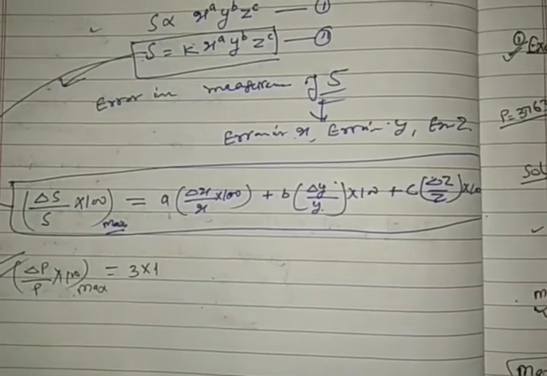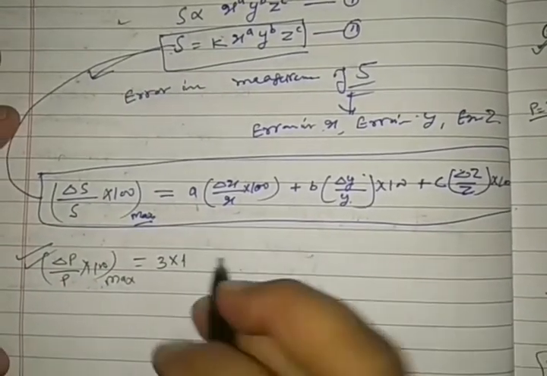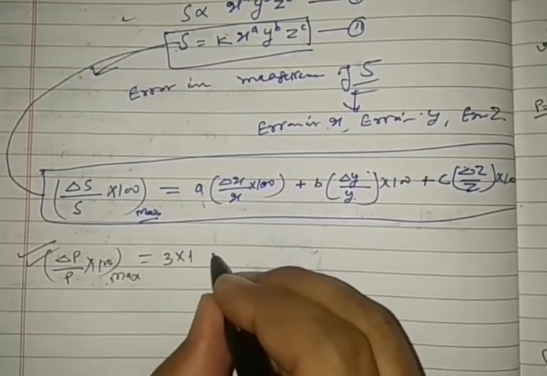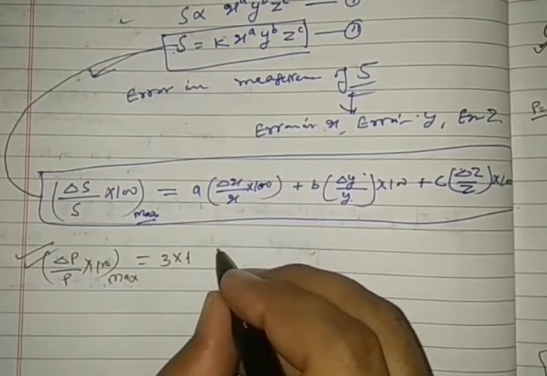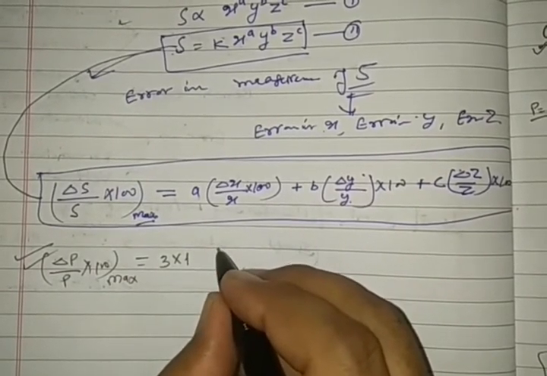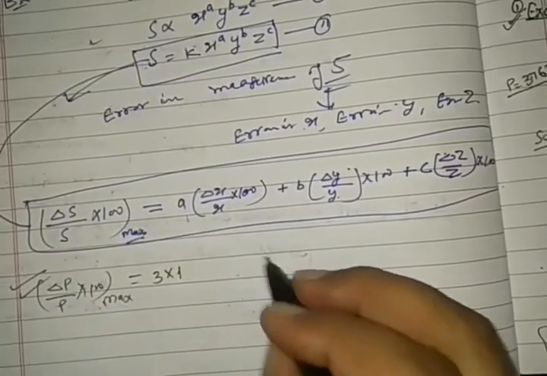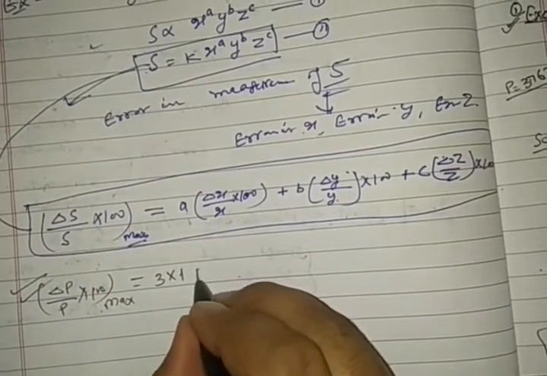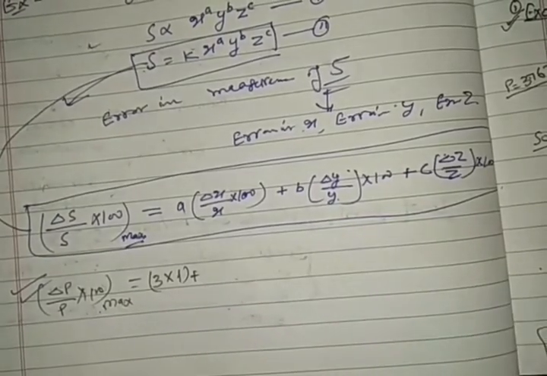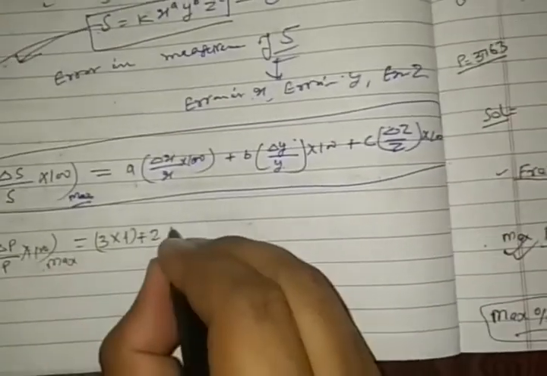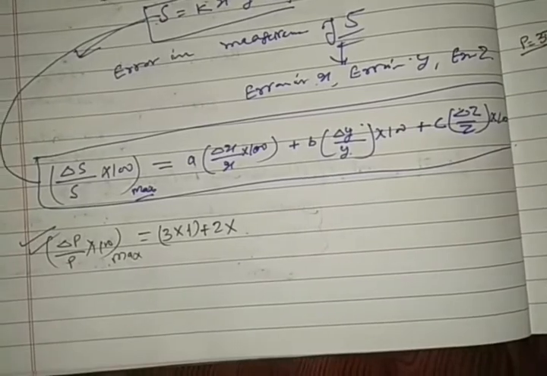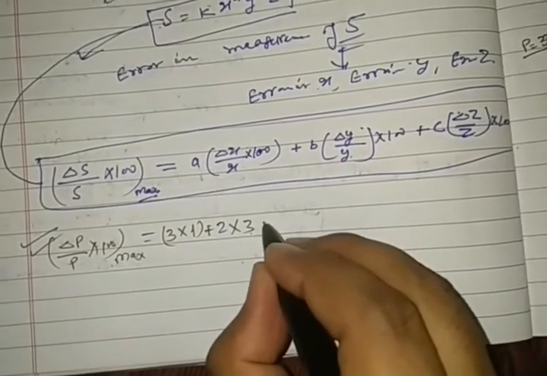It is directly given in the question. It is 3 into 1. Now the second, it is 2 into the error in the second quantity B, given as 3%.